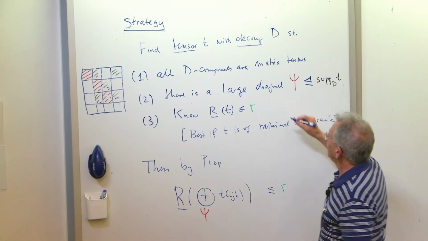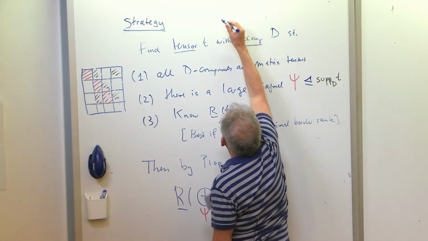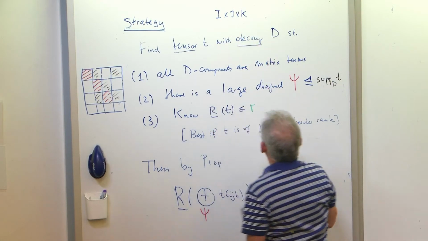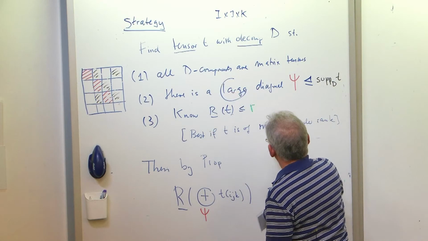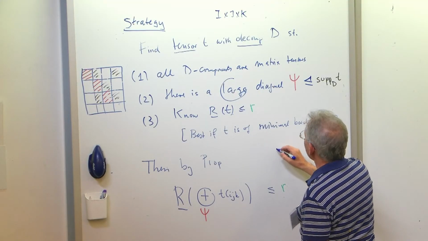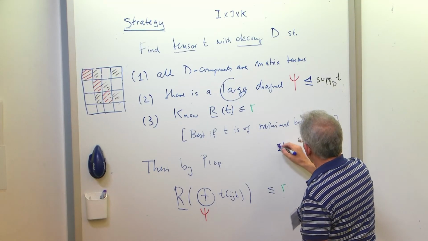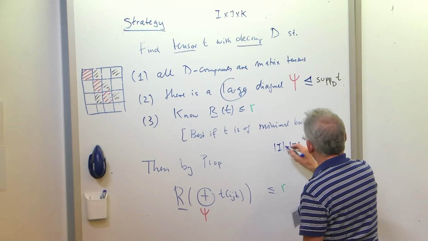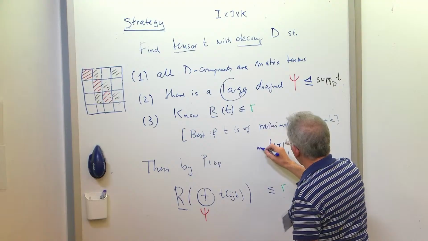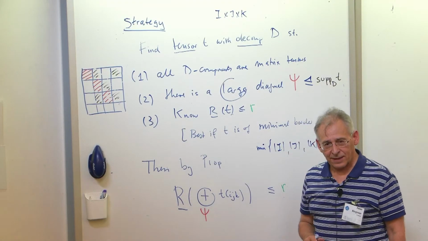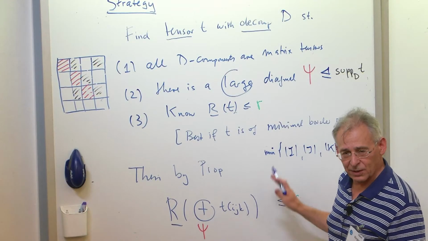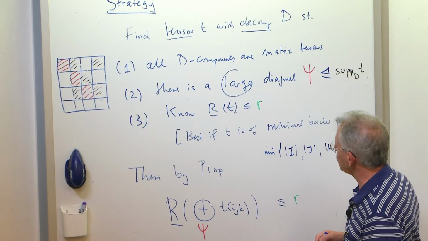If this cube is ijk, what is large? Actually, the best thing is if you take the minimum of these three dimensions. And we try to get close to this, up to a constant factor. This is the meaning of large.